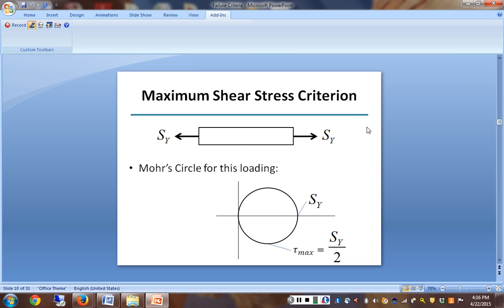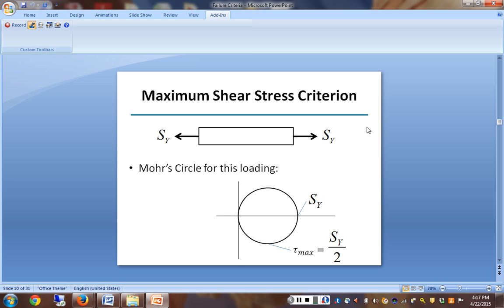Well, for that case, I got nothing but sigma x. It's a pure loading case. So what do I plot? I plot that applied stress and 0. And then what's my sigma y? It was 0. So I plot 0 and 0. So this is Moore's circle for that simple uniaxial tension case where I'm applying S sub y.